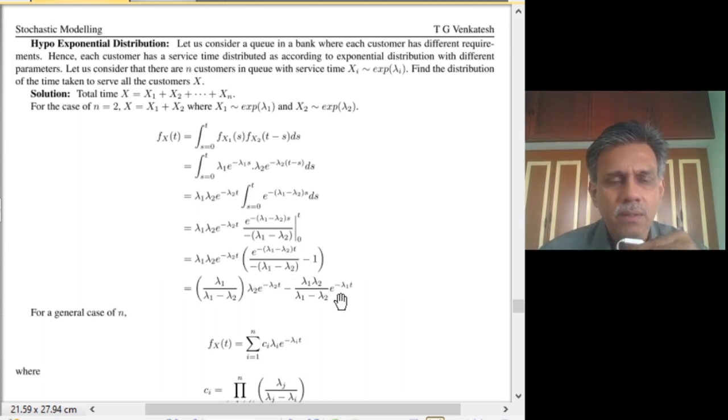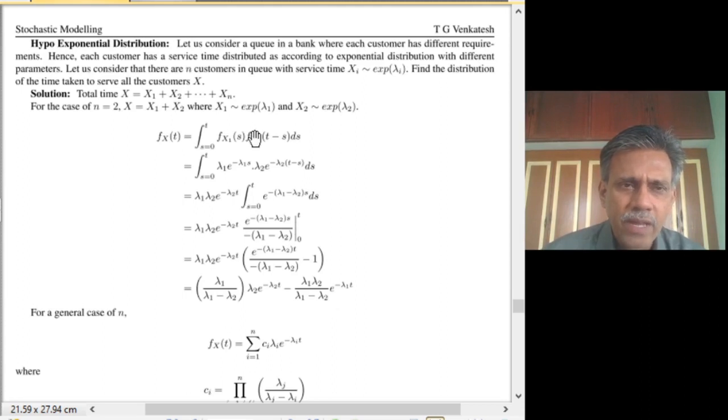So how do we write it in a systematic manner if you generalize this to n variables? It looks like for every x that is present in the sum, there will be one such term. So it will have a factor which is given in the bracket: plus lambda 2 e power of minus lambda 2 t for the case where x2 contributes, lambda 1 e power of minus lambda 1 t for the case x1 contributes, and so on.